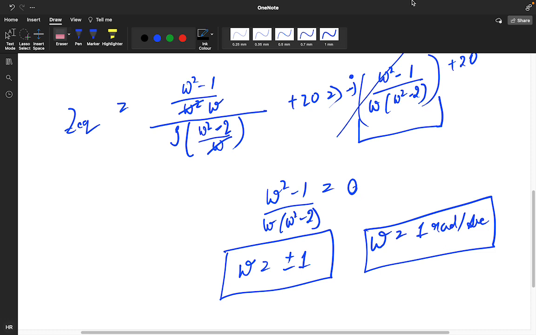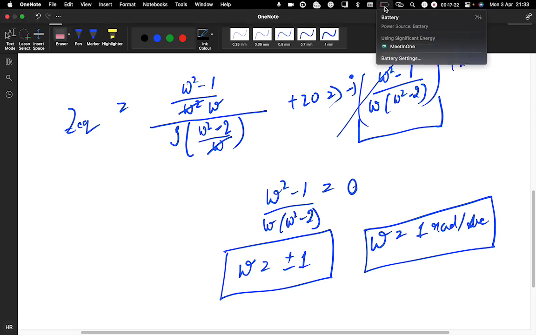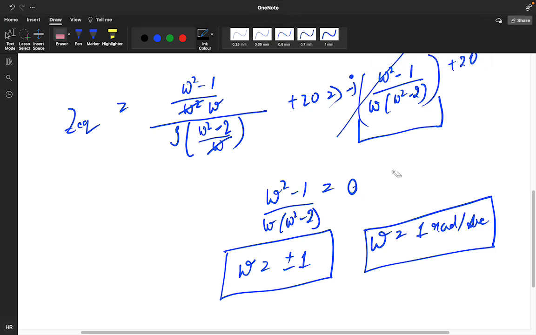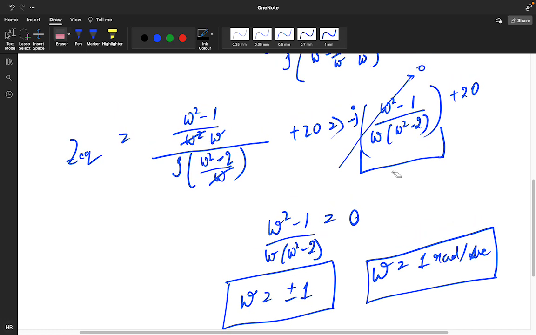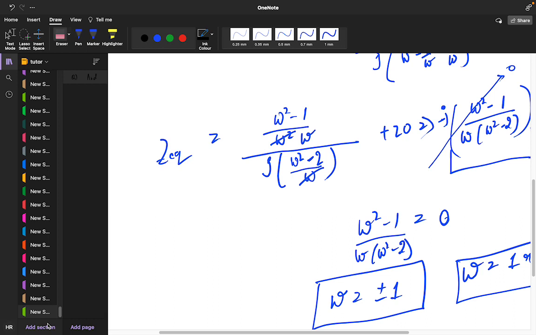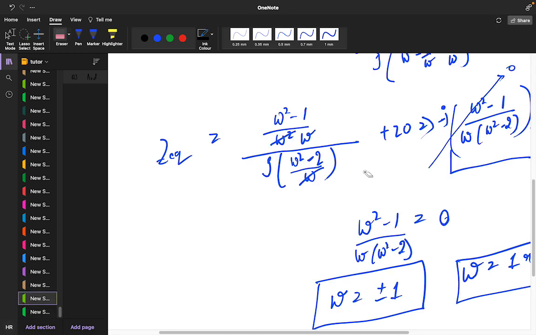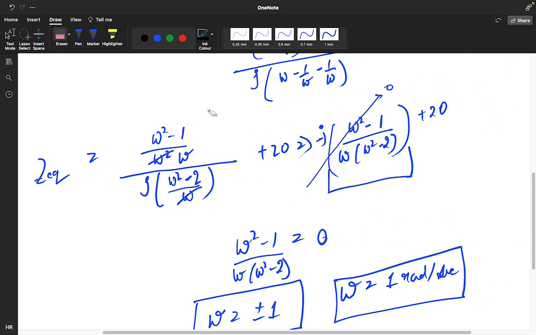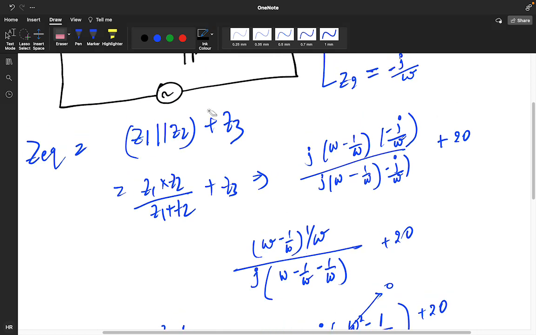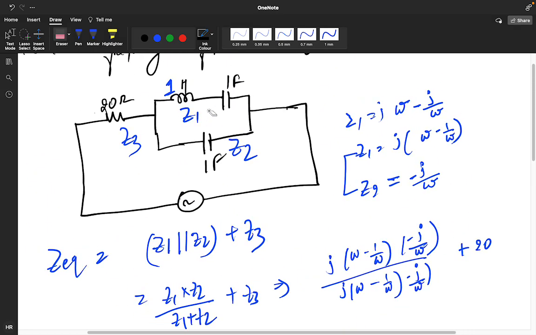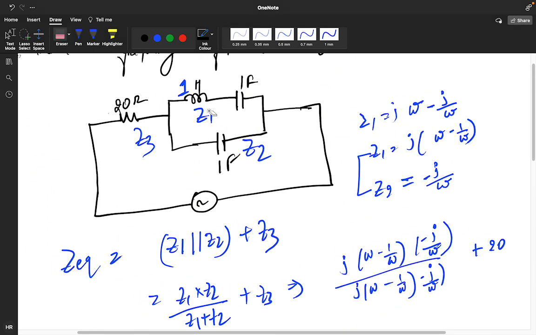Is this clear guys? Anyone having any doubt, they can ask. Okay, Prasanna, is this clear? Vaishnavi, is this clear? Okay, yeah, see this part.